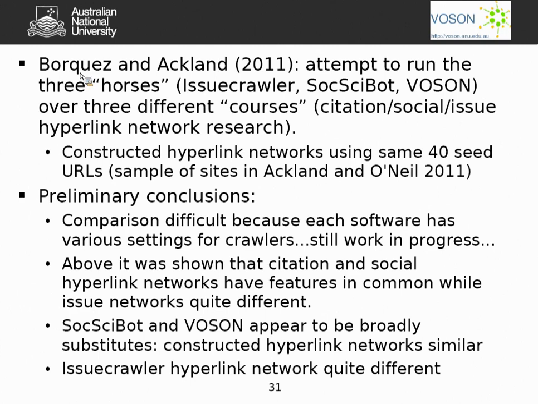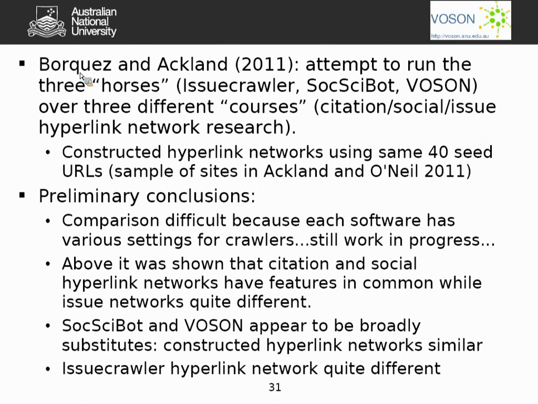But I think the conclusion that's emerging at this stage is that, in the same way that in the previous part of my talk I kept emphasizing the differences between citation hyperlink networks, social hyperlink networks, and issue networks, I was finding that there were more similarities between citation hyperlink networks and social hyperlink networks than issue networks.